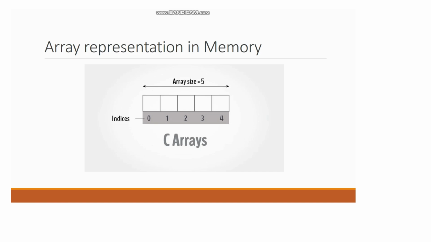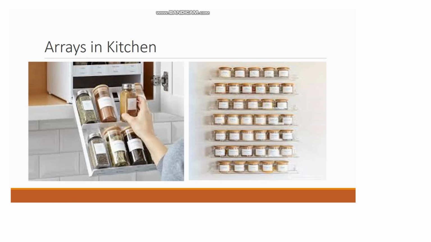Now let's come to our most relevant example, the kitchen. Yes, these are nothing but different arrays, you can say, right? If you take a look into your kitchen at home, there is some specific arrangement. All the spices are kept in a row, right?